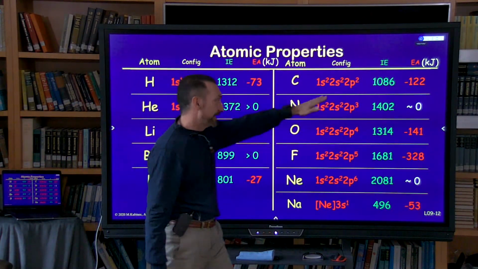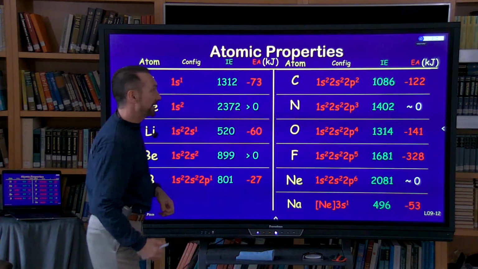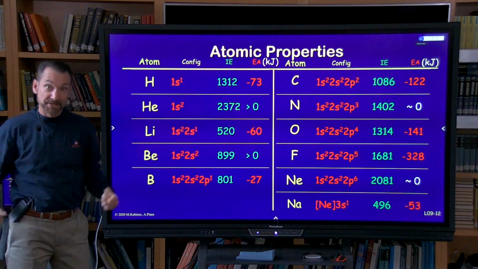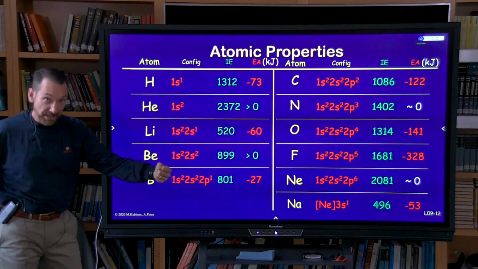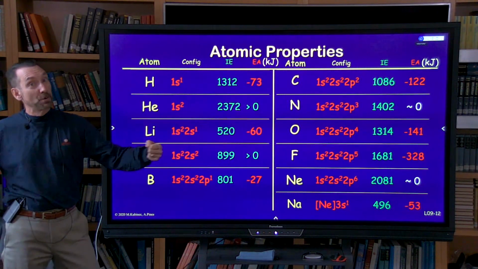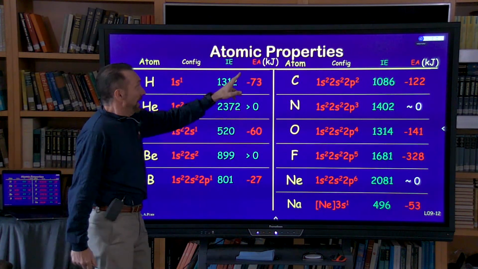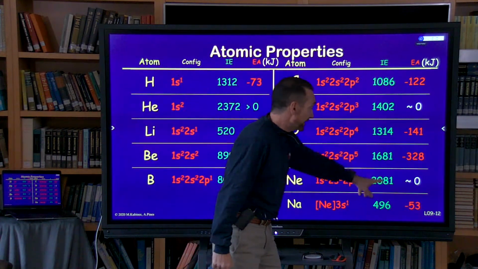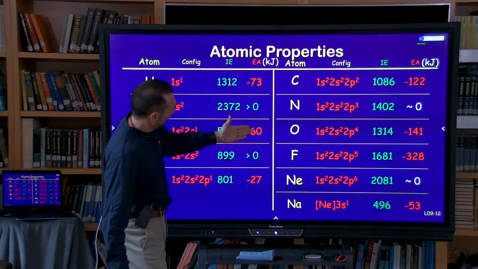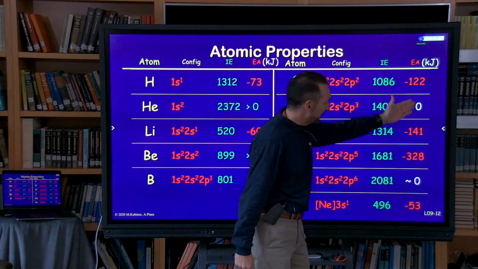So all the ionizations, of course, if you're going to pull two unlike charges apart, that always requires energy. The electron affinities, interestingly, so this second column, some red, some green.